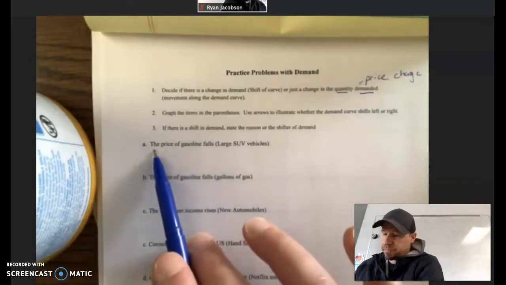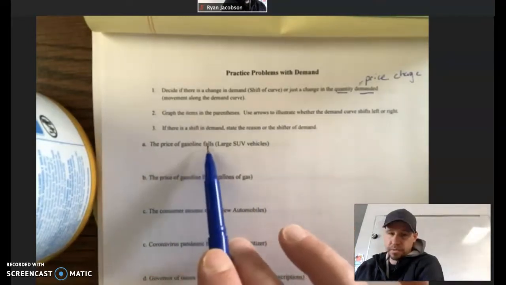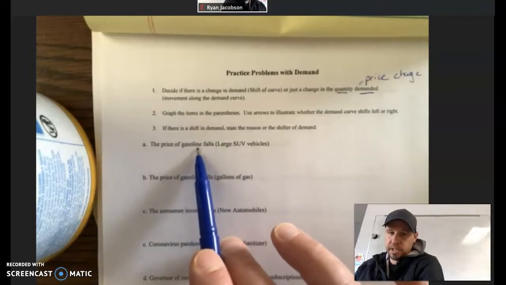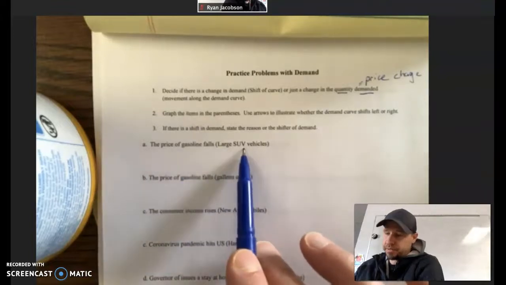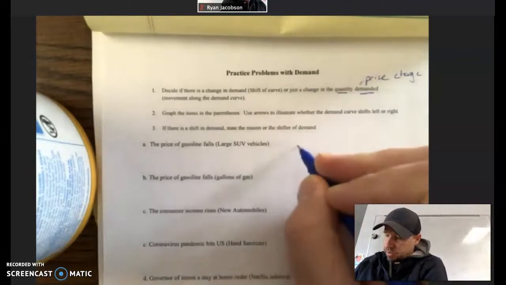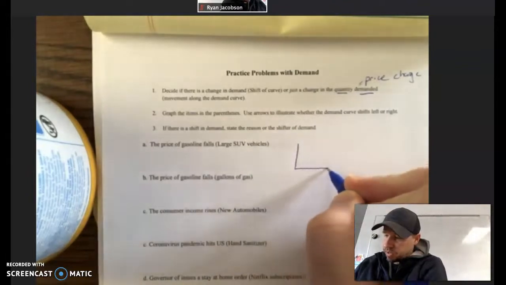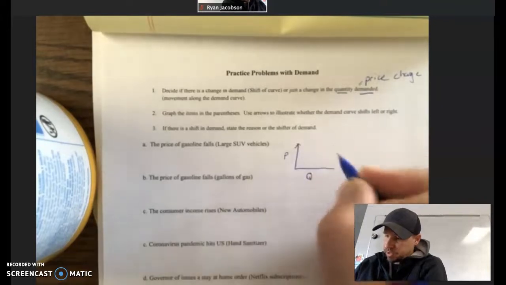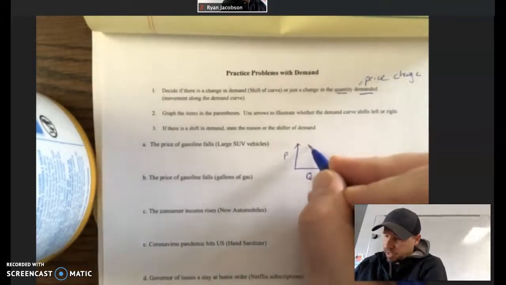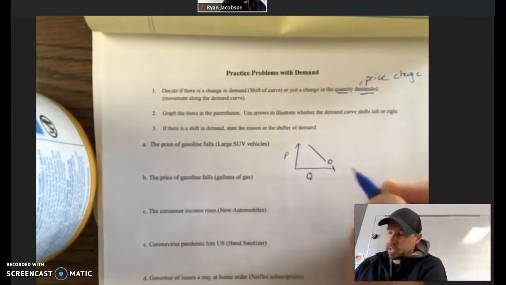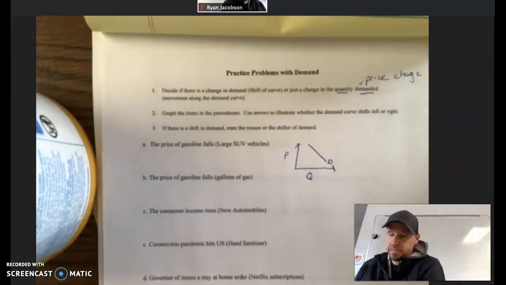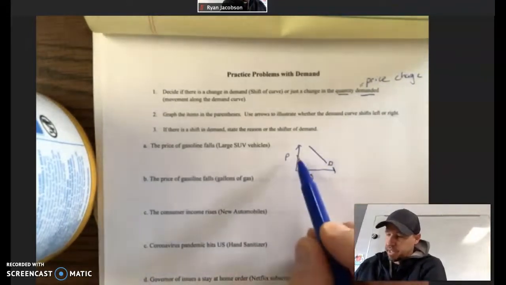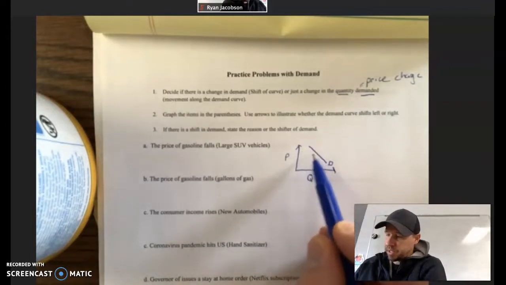So first one, you've got the price of gasoline falls. We've got a change in the price of gas. What impact is that going to have on the market for SUVs? For this one, remember we always put our price on the vertical and quantity on the horizontal, and there is our demand curve where we would start. Again, this is that relationship between price and quantity.